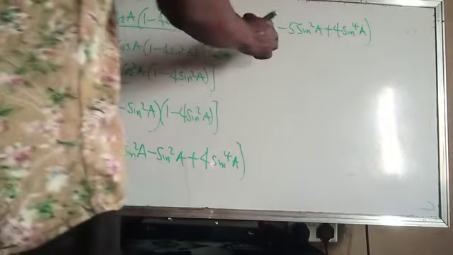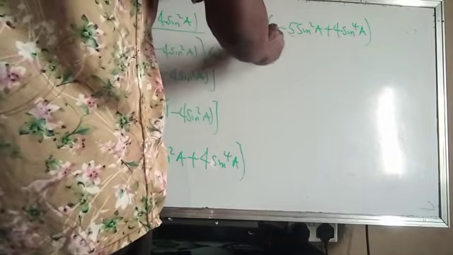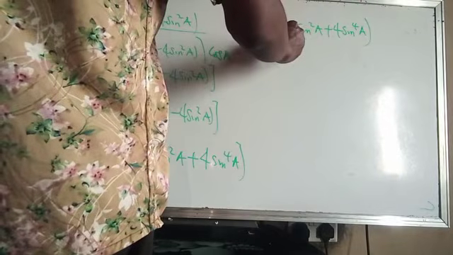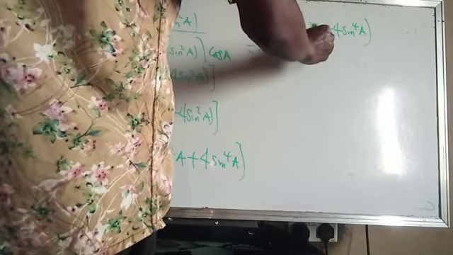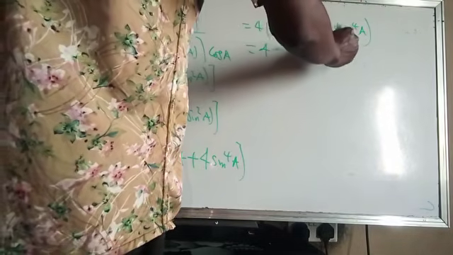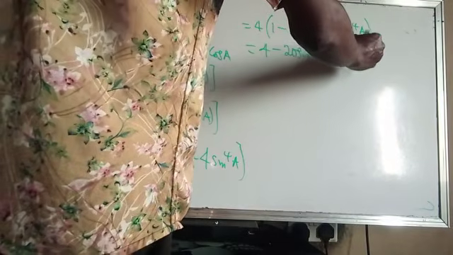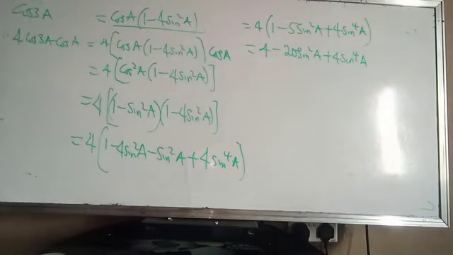Beautiful. So opening this up, we have 4 minus 20 sine square A plus 4 sine raised to power 4A.